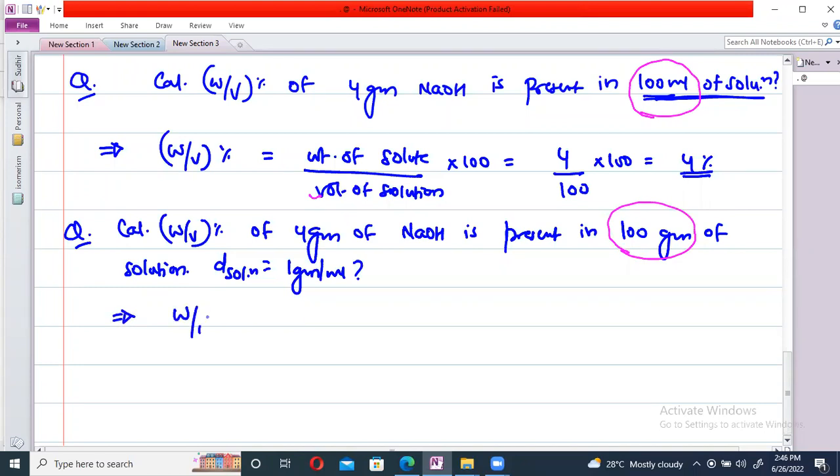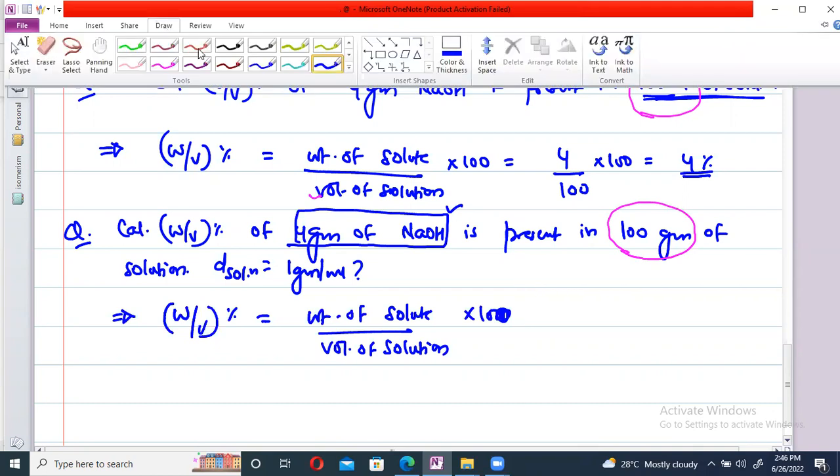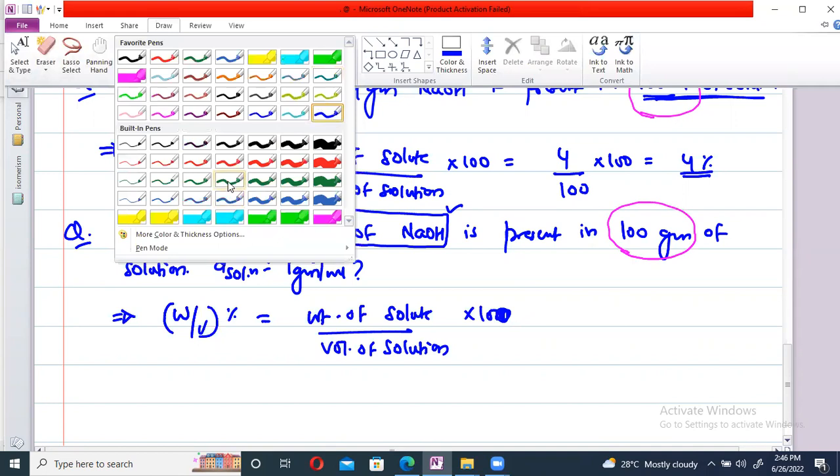So we know W by V percentage is equal to weight of solute by volume of solution into 100. The weight of solute we have is 4 gram, right? But we want the volume of solution, and we don't have it. So what is the rough work you have to do? I will tell you.